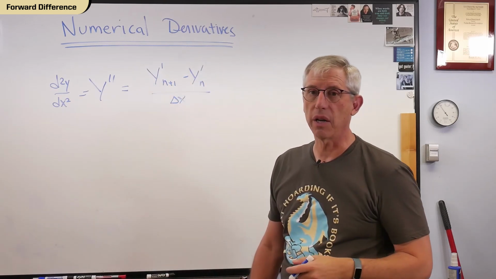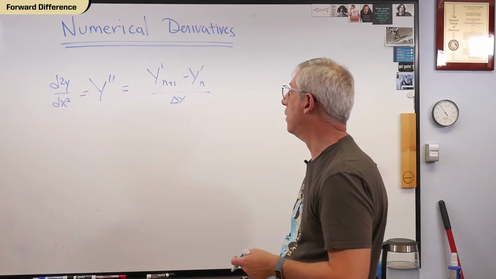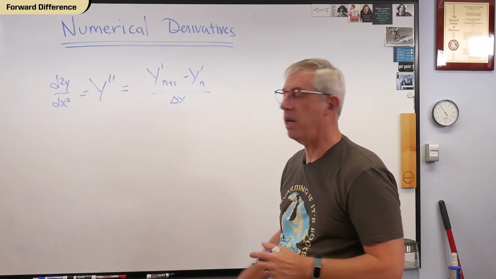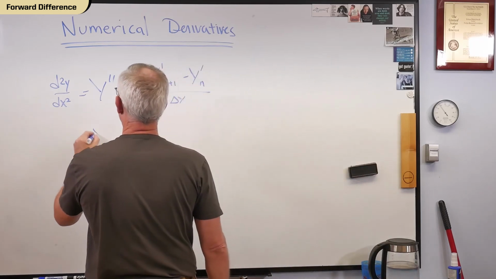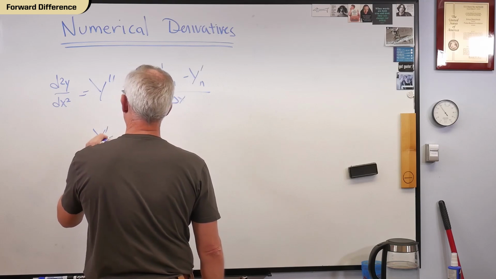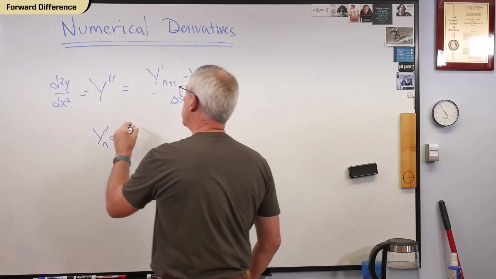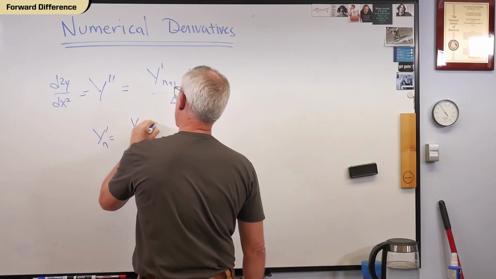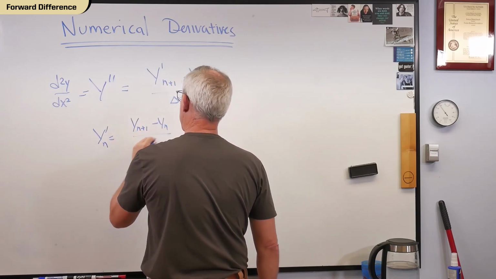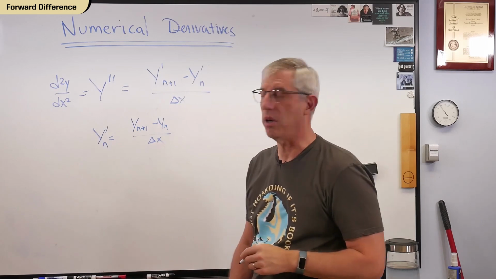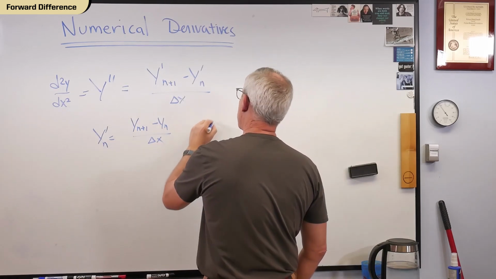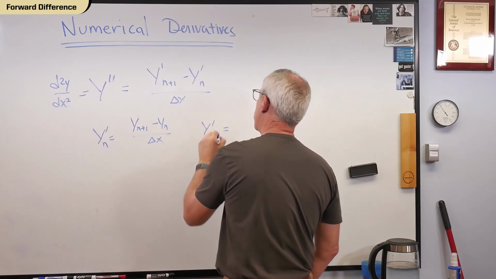Second derivative is just a derivative of a derivative, right? Let's break this out. What is y prime at n? If we're going to use a forward difference, I'm going to say y of n plus 1 minus y of n over delta x. That sounds pretty good. What would y prime at n plus 1 look like?